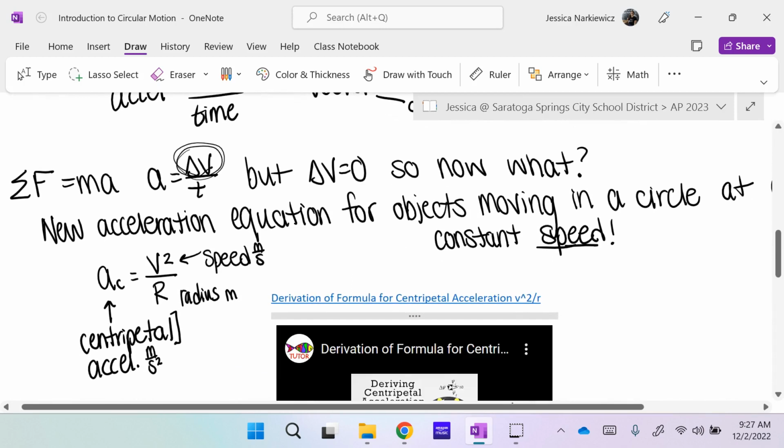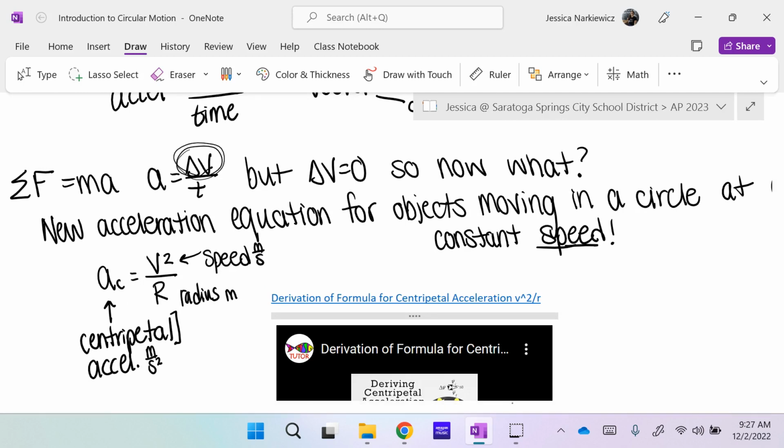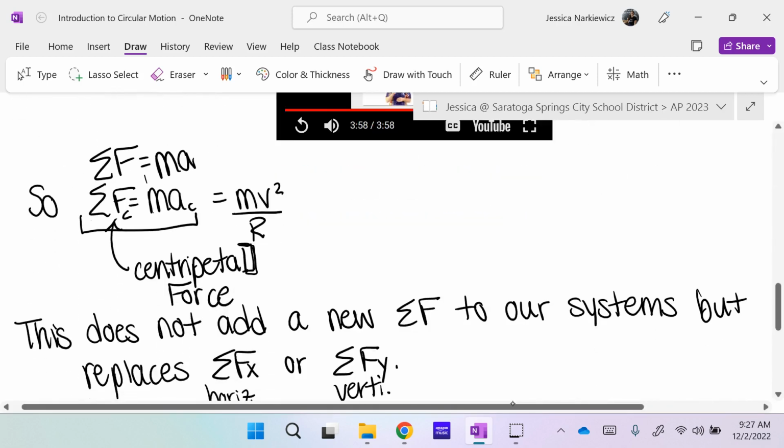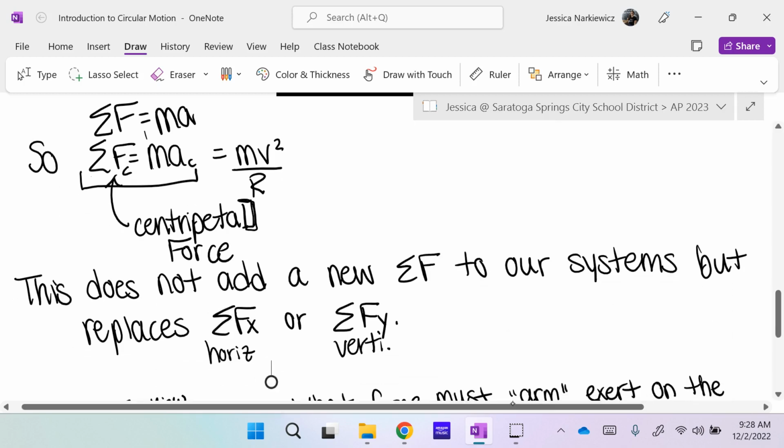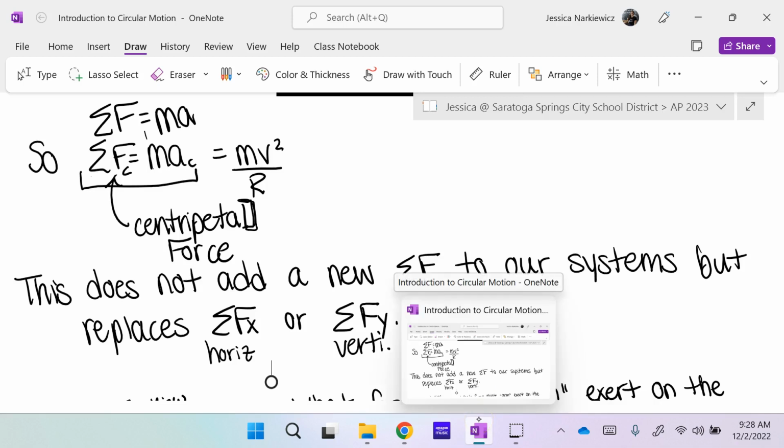The centripetal acceleration, or the acceleration for something moving in a circle, is v squared, the speed squared, over the radius. Then the net force for something moving in a circle, aka the centripetal force, is net force equals m a_c, and that net force replaces the horizontal or vertical net force, depending upon what kind of circle we are doing. And that's the basics of circular motion.